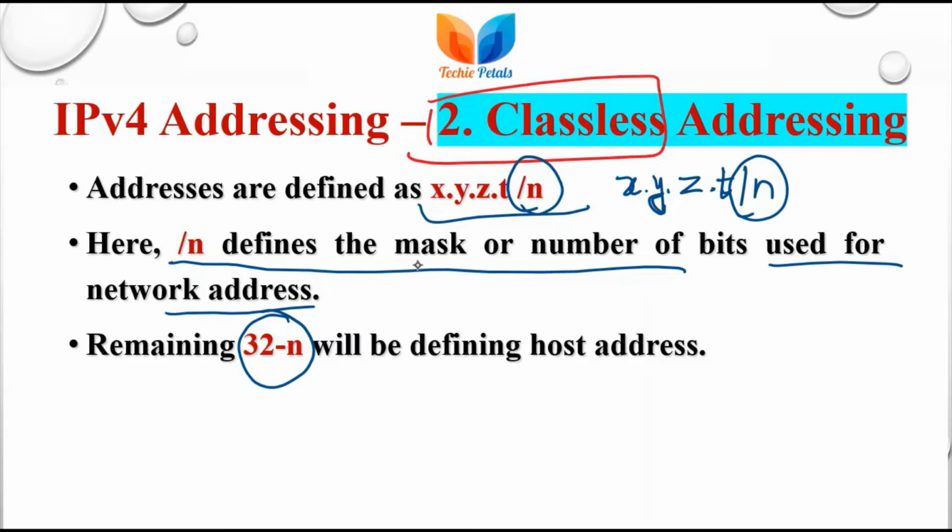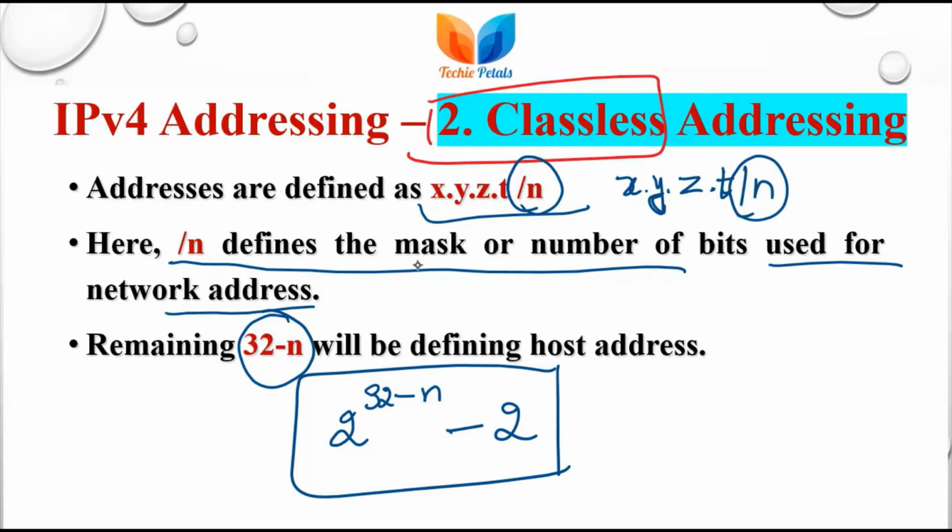So for example, if we have n bits as the network address, then the number of host bits in the network or subnet will be 32 minus n. So we have to use the same formula: the number of hosts will be 2 raised to power 32 minus n, meaning the number of bits used to identify the host, minus 2, one for the network ID and another for the broadcast address.